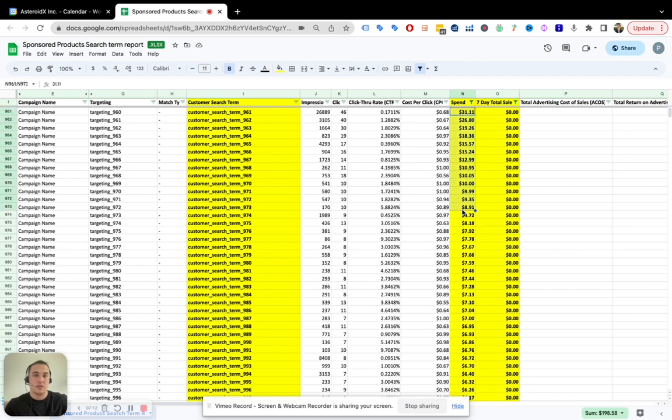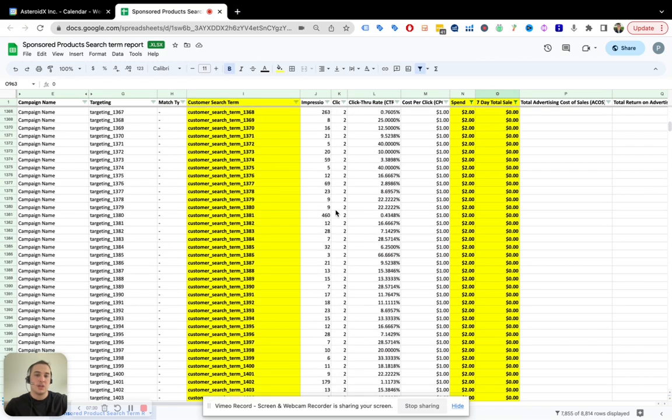And here are our most egregious offenders. So we have one with 46 clicks, 30 bucks in spend and nothing, right? 40 clicks, $26 and nothing, 30 and nothing, right? It's more excusable when you get into the lower numbers.